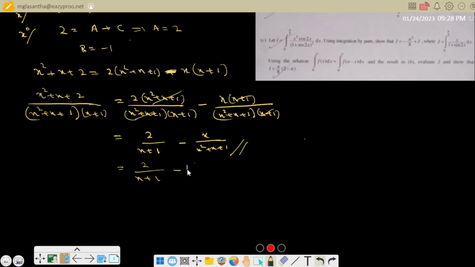So you just multiply by 2 and divide by 2, you get this one. Right? What is the differentiation of the denominator? Differentiation of x squared plus x plus 1 is 2x plus 1. So you have to form that term in the top. Right? So for 2x plus 1, if you add 1, you have to subtract 1.